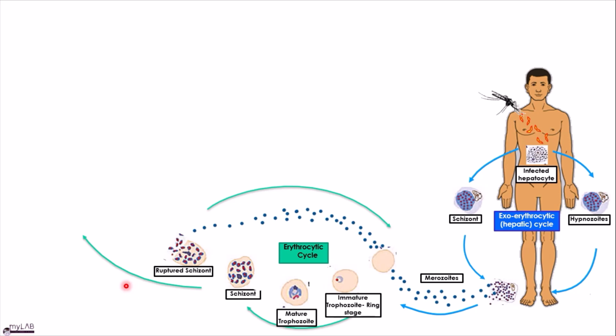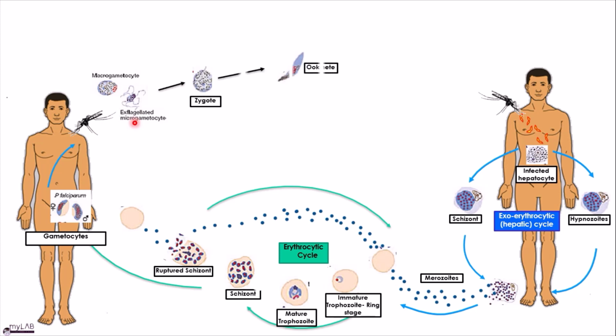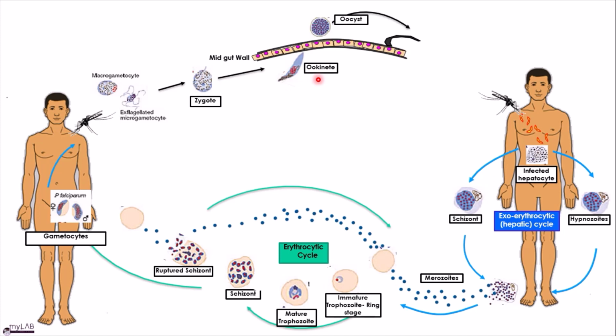Schizont also develops into gametocytes, and these are now ingested through a blood meal from a female Anopheles mosquito. And now within the mosquito, the female macrogametocyte and the male exflagellated microgametocyte will merge to form a zygote, and the zygote becomes an ookinete, and the ookinete develops into an oocyst within the gut wall.